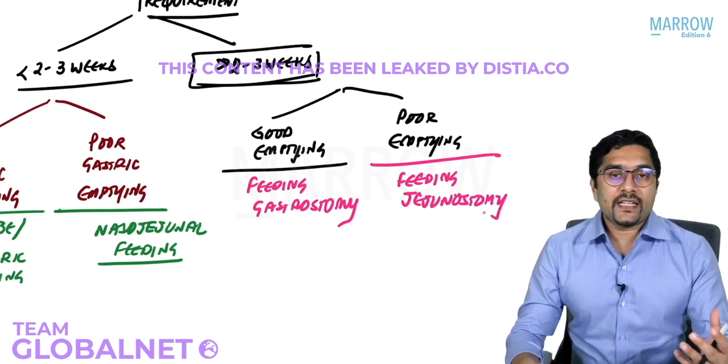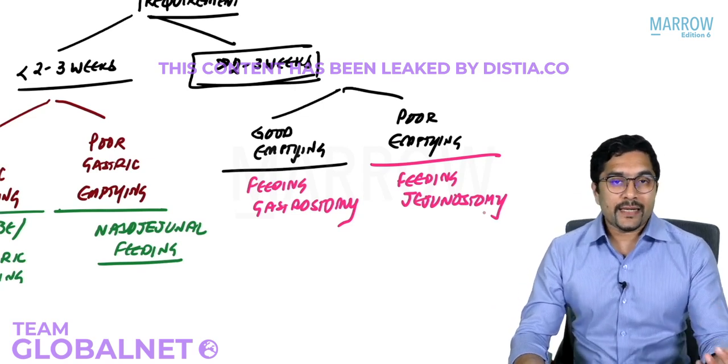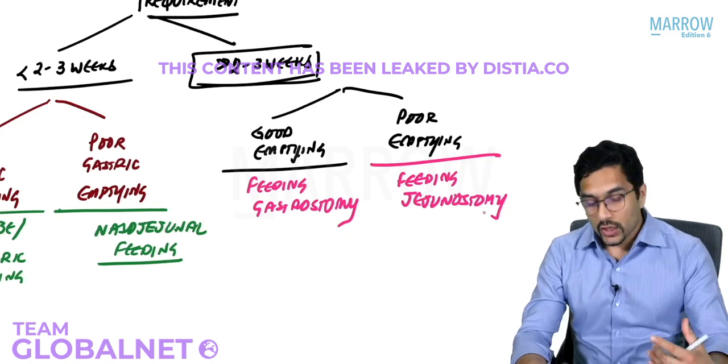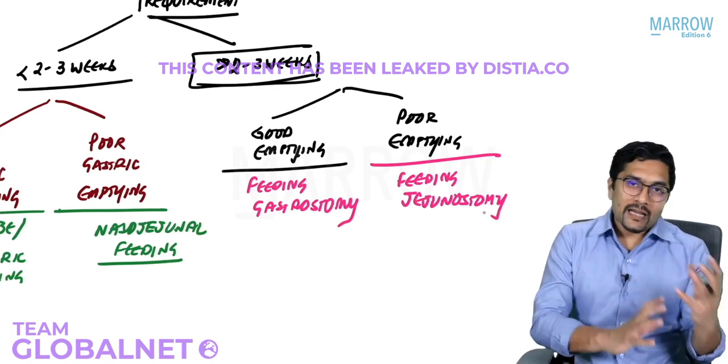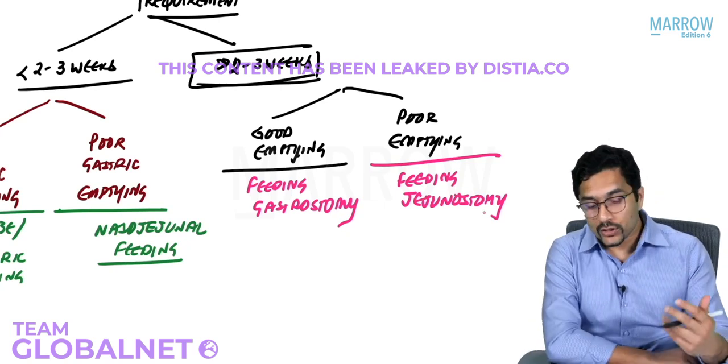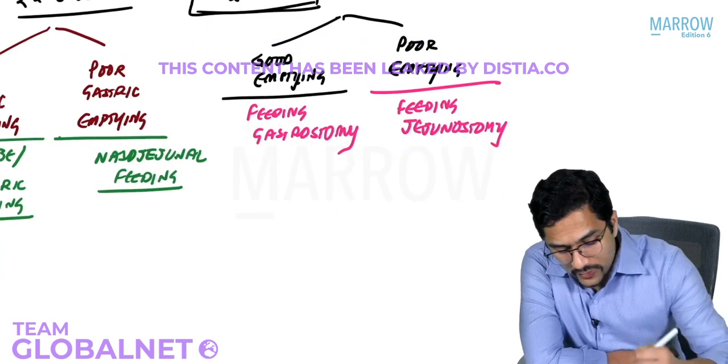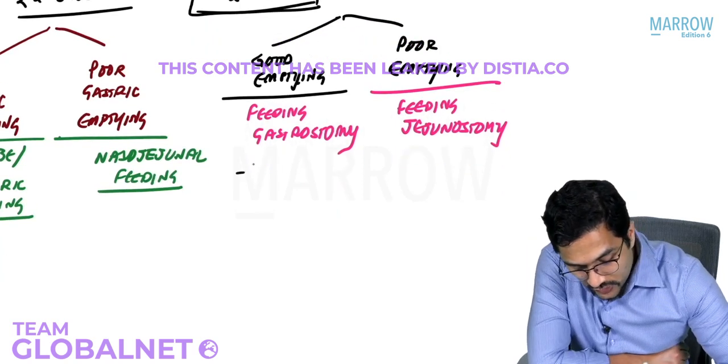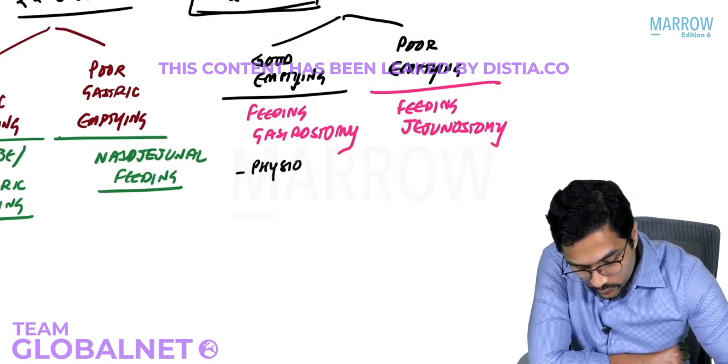Now, first thing which we need to know is which one is better. Is gastrostomy better or jejunostomy better? Well, both have their advantages and disadvantages, and you have to choose them depending on the situation. Now, you need to know that gastrostomies are more physiological, right? Because you're putting food in the stomach.